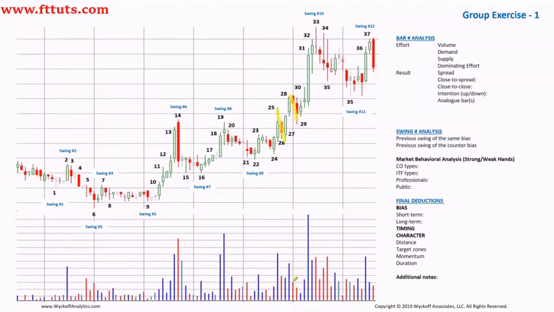So we are looking at maybe this against what? Against this. So the volume signature diminishes, and I'm not taking this bar into account, although I probably should because some supply is coming in here.